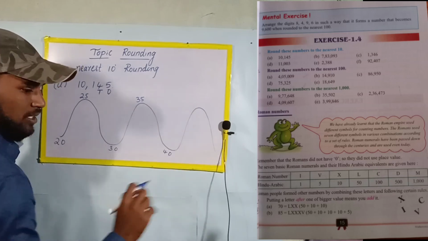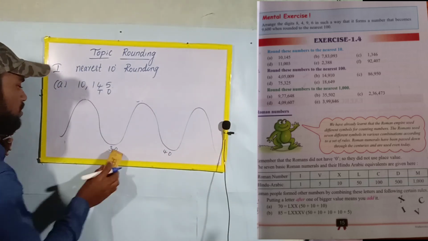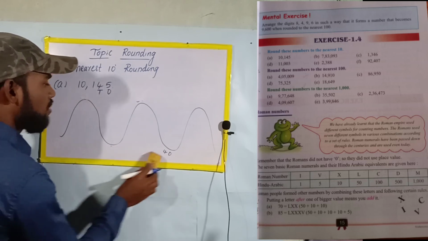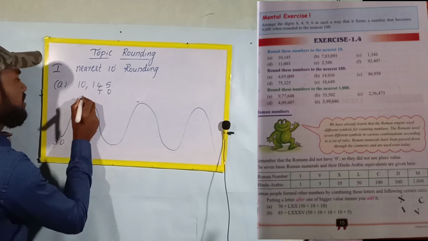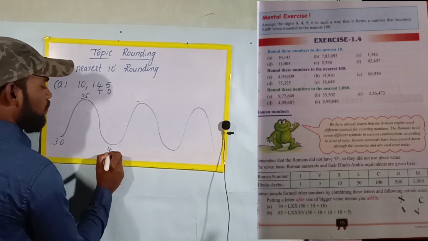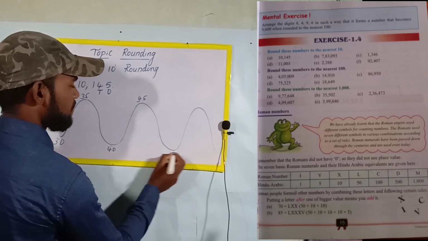It's not enough space, so I will start from 30 onwards: 30, 35, 40, 45, 50.